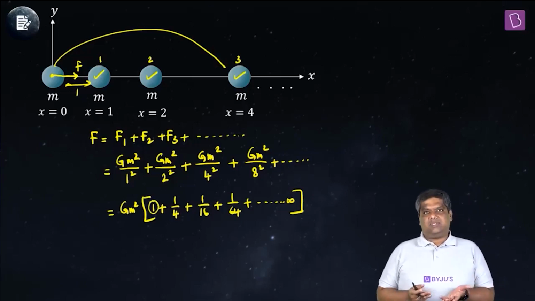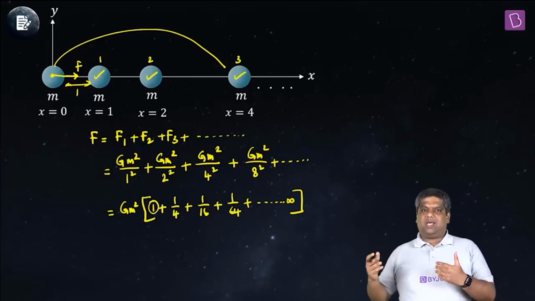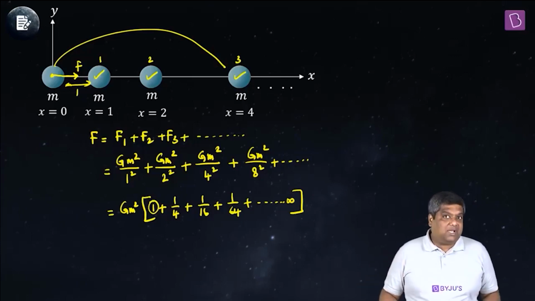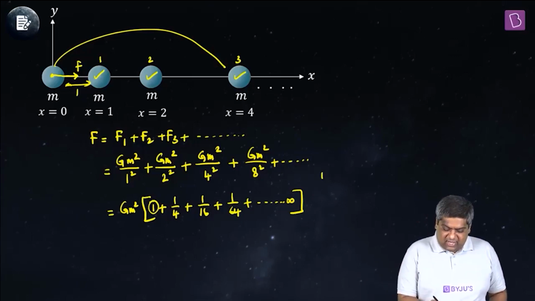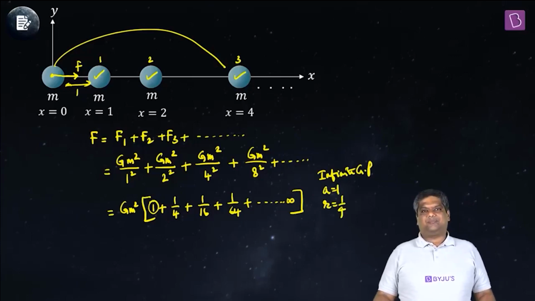And what is the common ratio? First term is 1, second term is 1 by 4, third term is 1 by 16. That means term to term I'm multiplying by an extra 1 by 4. So the common ratio is 1 by 4. So this is an infinite GP with initial term 1 and a common ratio 1 by 4.